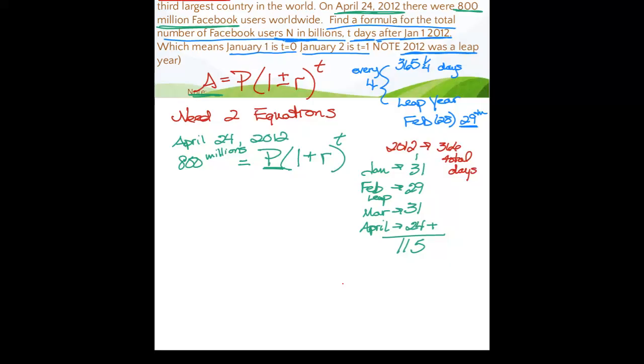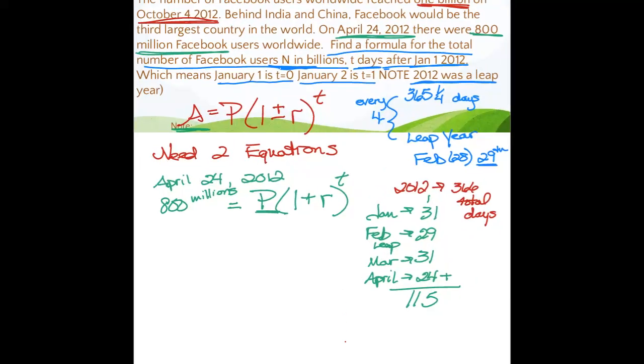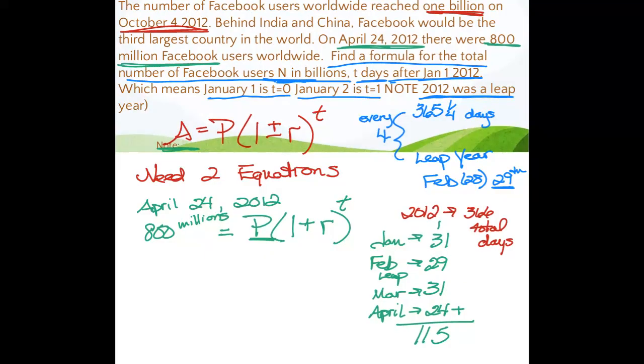What would it be? If January 1st is t equals 0, January 2nd is t equals 1, January 3rd would be t equals 2, January 4th would be t equals 3.